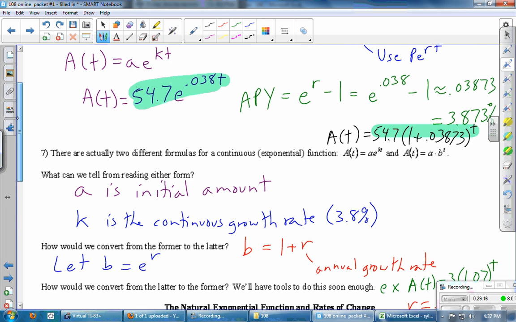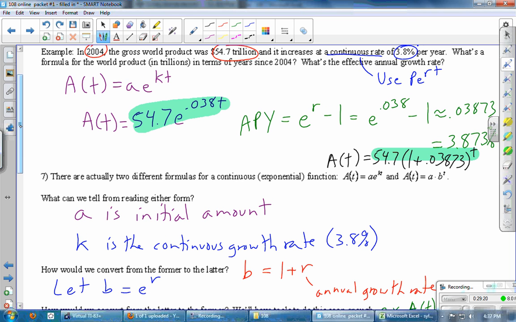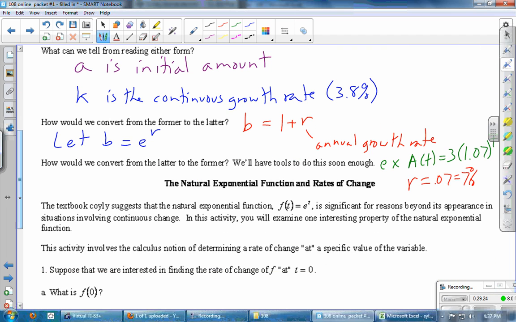I need a +1 in here. Yeah, b is one more than whatever. No, b is just e to the r. So that's it. That's how we go from the former to the latter. Going the other direction, though, means finding r in this equation. And again, we need logs. We don't have them yet, but we will soon enough.